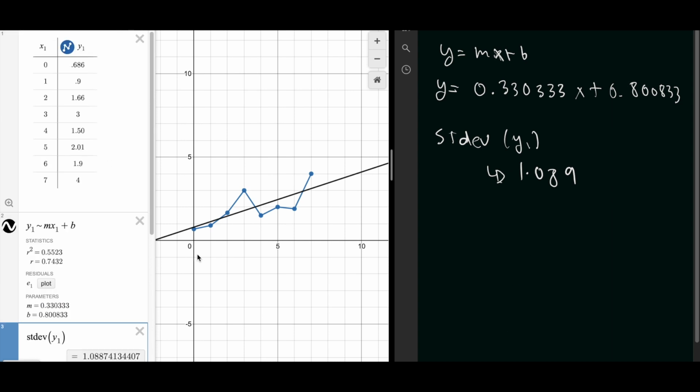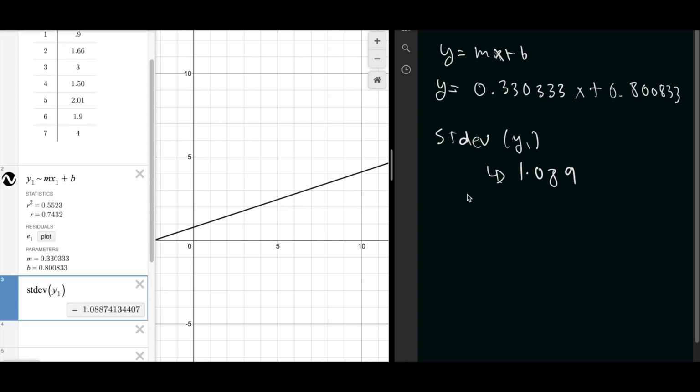I'm going to take the data points away for a little bit, so we just have this line. What we're going to do is go through each point. At 2, the line says the stock should be at $1.46. We're going to take that $1.46 and subtract this value over here so that we get a line that is offset by this value.